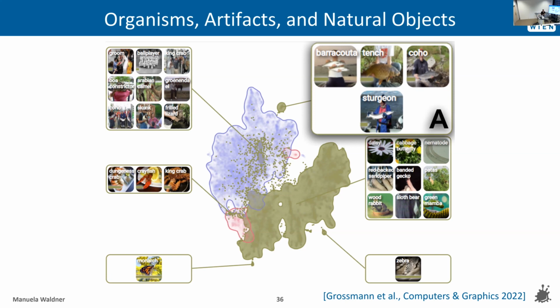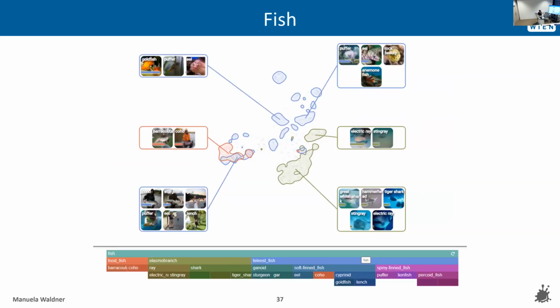However, what's cool was a nice confirmation that this basically works. We then navigated into the fish class and actually see here a very, very clear cluster of all the fish images where people hold fish in hands, fish on the water, other types of funny fish. I'm really bad with fish, I'm sorry.